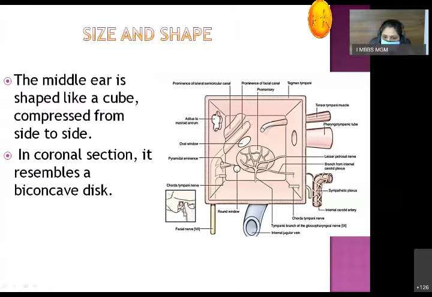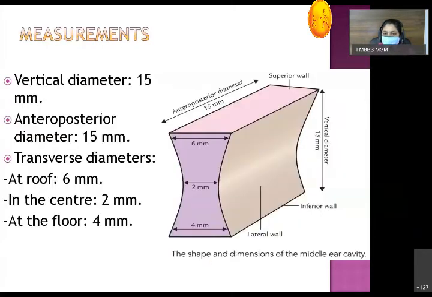Okay, so this is the temporal bone, and inside this, where is the cavity shown? This is the pink color cavity. This part we are seeing, the middle ear cavity. So it is like a cube shape, and in coronal section it resembles a biconvex disc, which is compressed from medial side and lateral side.